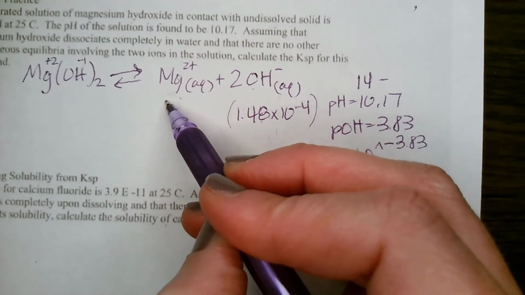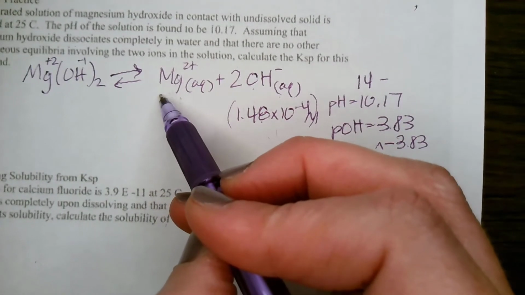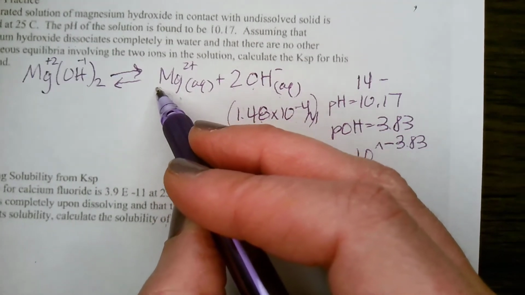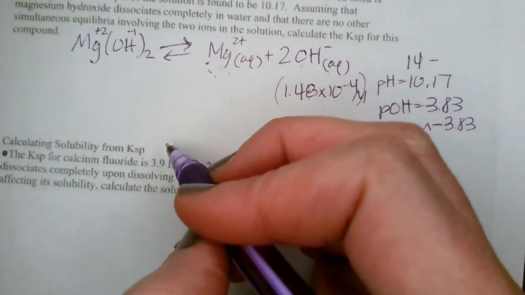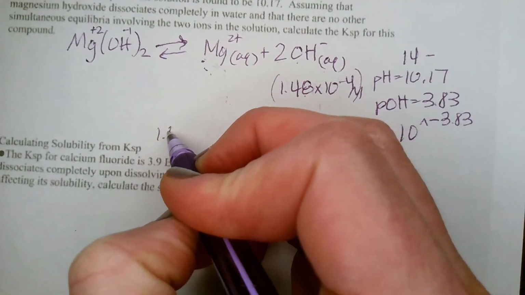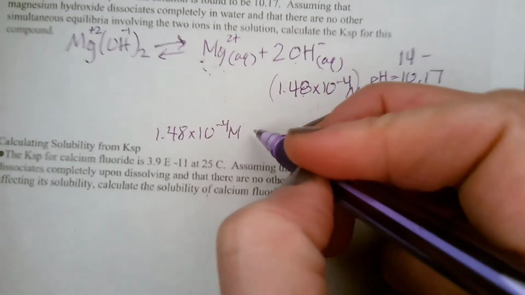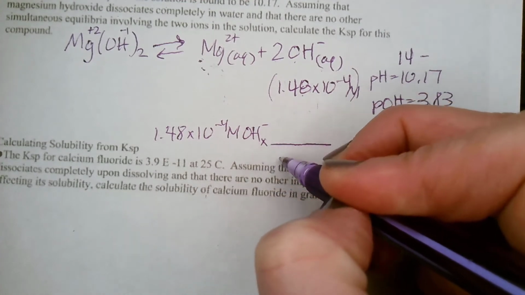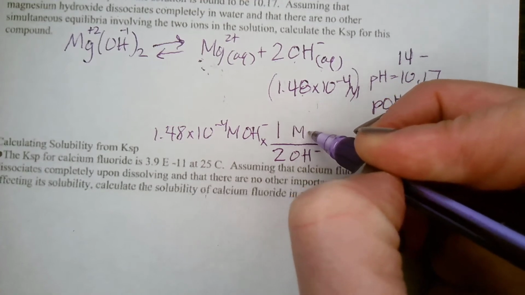Now we can find the concentration of our magnesium. Again, this is in molarity, because I know that this magnesium is half of my hydroxide. It's a 2-to-1 ratio. We could show that by saying 1.48 times 10 to the negative 4th molarity of hydroxide, and there's 2 hydroxides for every 1 magnesium.